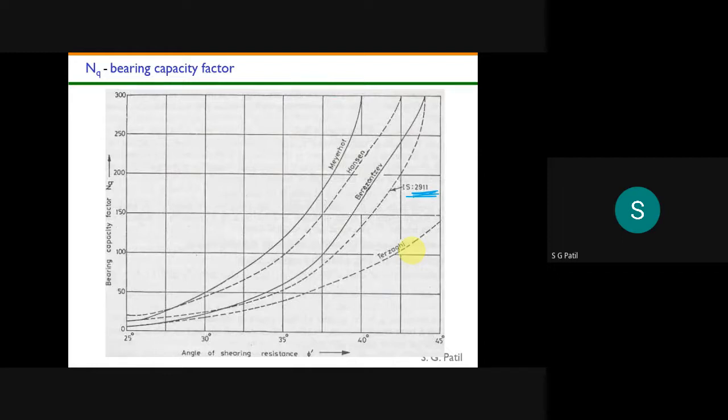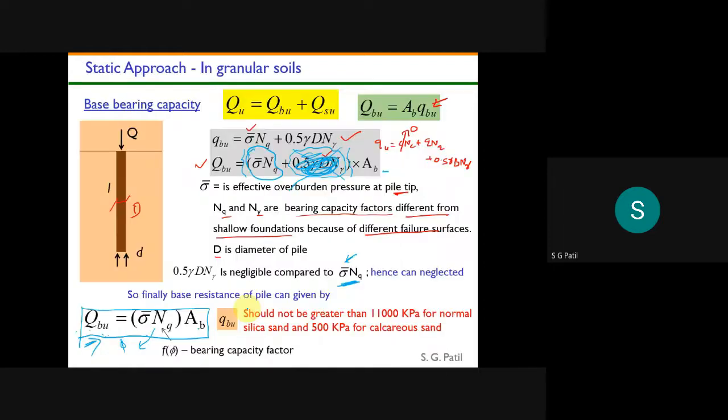Different authors have given, but we will stick to IS 2911. For different phi values, we will get an NQ value, which can be plugged into this equation, and then you can get the ultimate base resistance. Here I should have a bracket. So this is about ultimate base resistance.